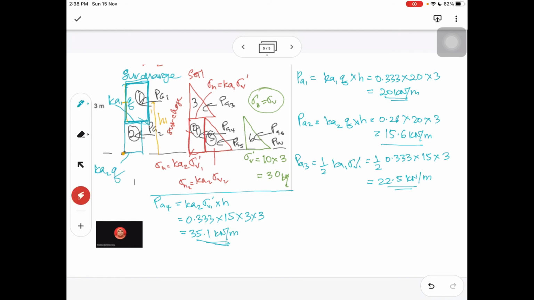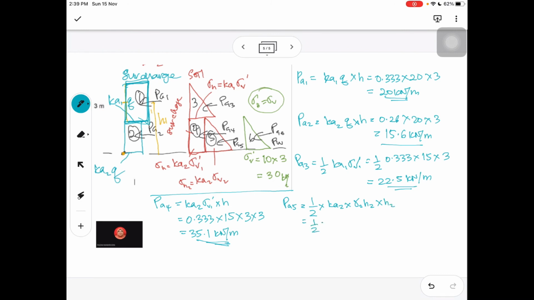So now PA5. So PA5 is triangular, which is half of the base. Base, what is the base? Base is Ka2 times sigma V. Sigma V is gamma 2 times H2 and then times H2.